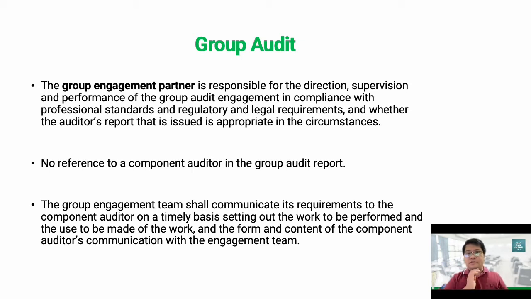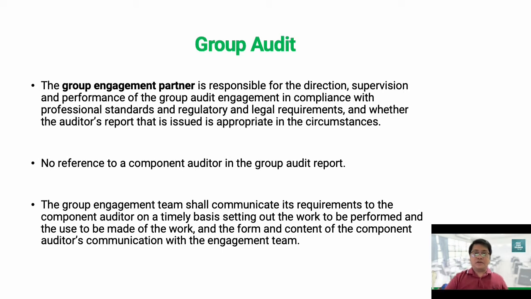Another, we will also communicate to the component auditor the identified significant risks of material misstatement related to the group financial statements. We will also ask the component auditor to communicate any identified significant risks of material misstatement of the group financial statements in the component, including how the component auditor was able to respond to those identified significant risks.